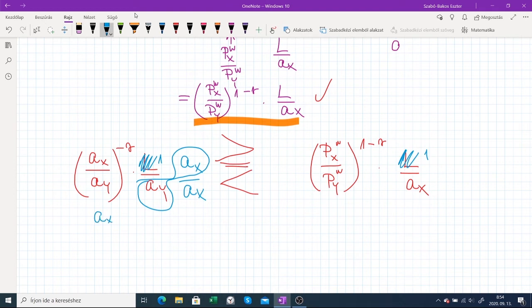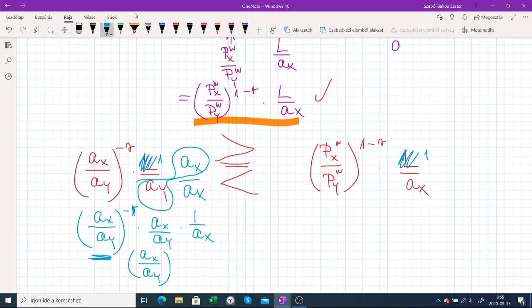So this is Ax over Ay raised to the power of minus gamma times Ax over Ay times 1 over Ax. But Ax over Ay raised to the power of minus gamma times Ax over Ay is Ax over Ay raised to the power of 1 minus gamma. So the left-hand side of the equation looks like this: Ax over Ay raised to the power of 1 minus gamma times 1 over Ax.